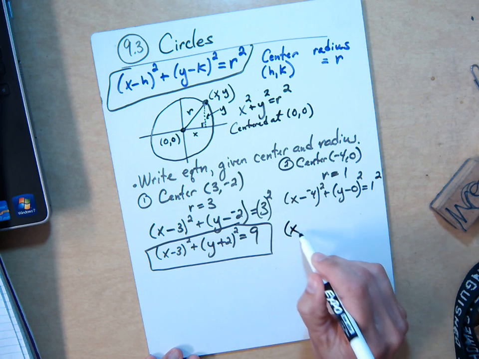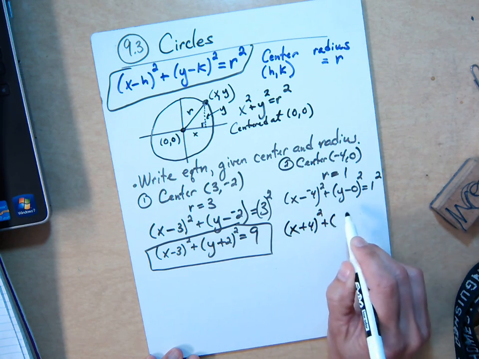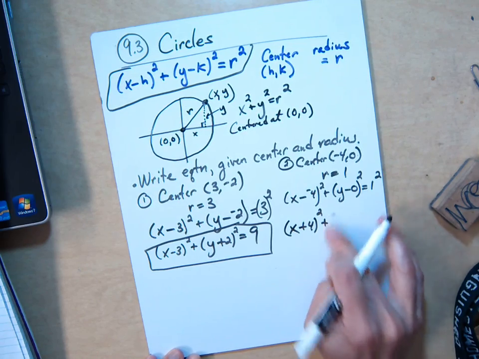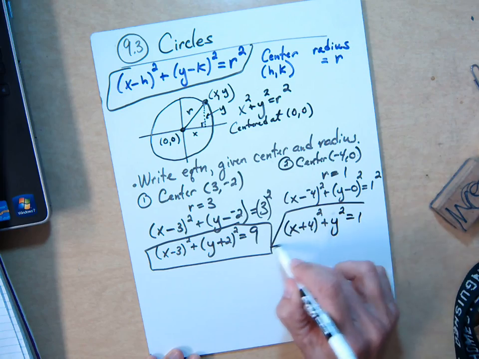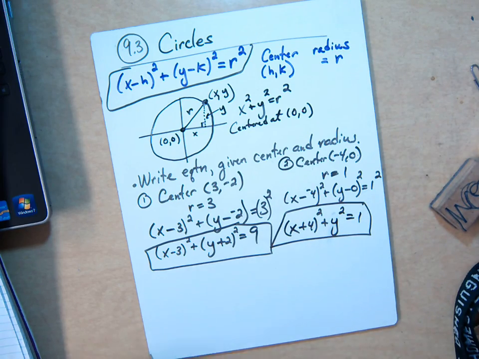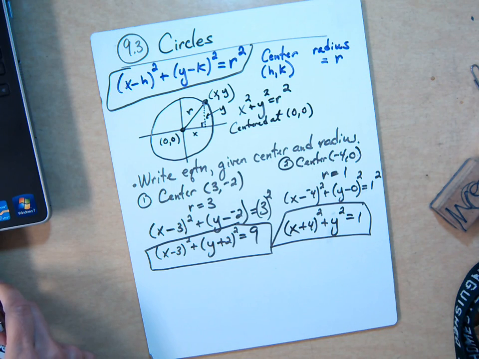So the final answer in the best form is (x + 4) squared plus y squared equals 1. That's the easiest they could get when you're given the center and the radius.